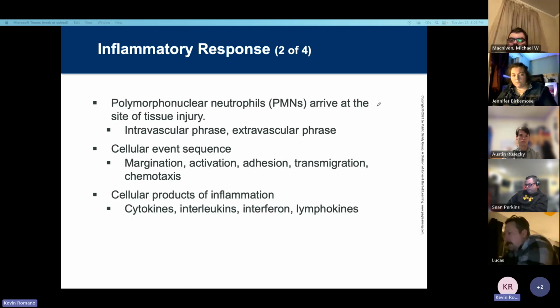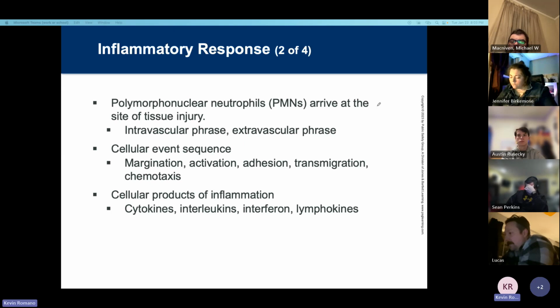Right. So the cellular components of inflammation, the polymorphonuclear neutrophils, or PMNs, arrive at the site of tissue injury. So this process involves 2 major stages, right? First one is the intravascular phase, where leukocytes move to the sides of the blood vessels and attach to each endothelial cell.